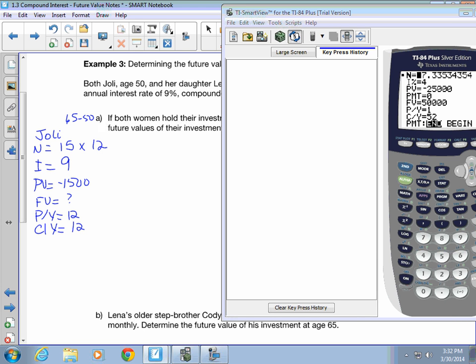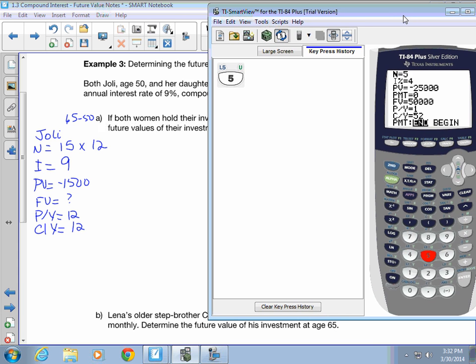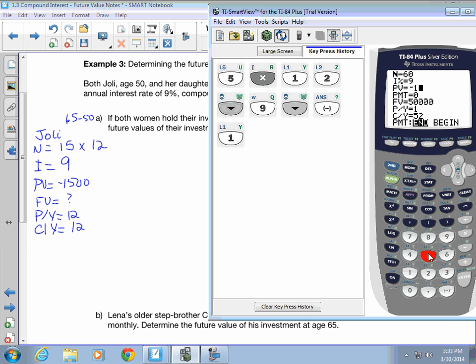So if we do the calculation for Jolie, N is equal to 15 times 12, and you can just type that in. I'm going to have to move this a little bit so I can see that keypad. 15 times 12. Interest rate was 9, not 90. Present value, so she's investing $1,500.